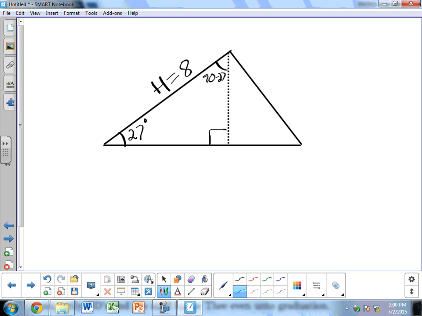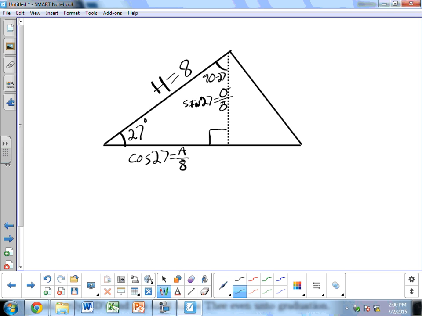The other legs, since this is the adjacent side, this is going to be the cosine of 27 equals the adjacent side over the hypotenuse 8. And the vertical leg, the altitude that we just drew, is going to be the sine of 27 equals the opposite side divided by 8.